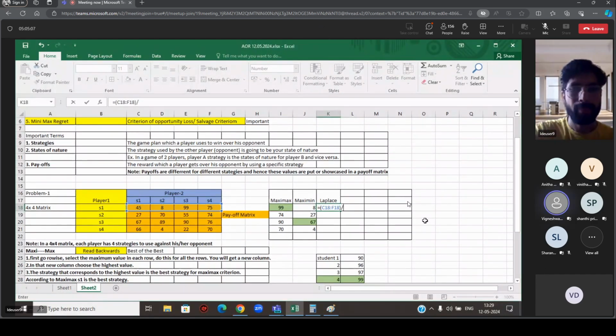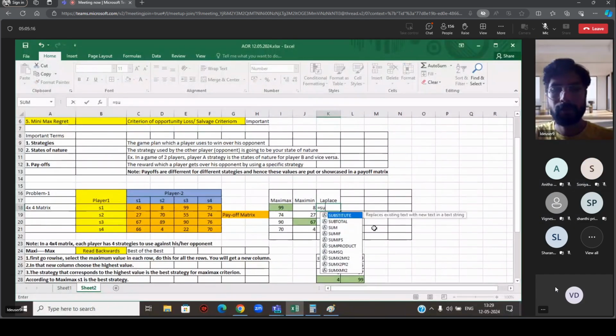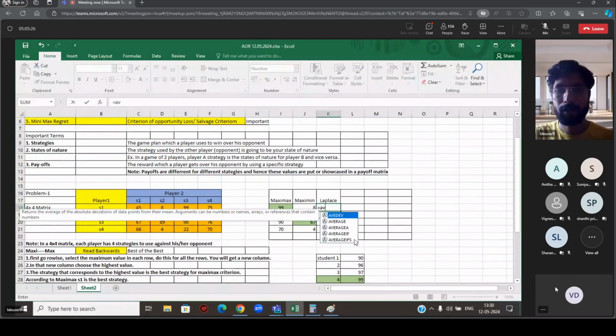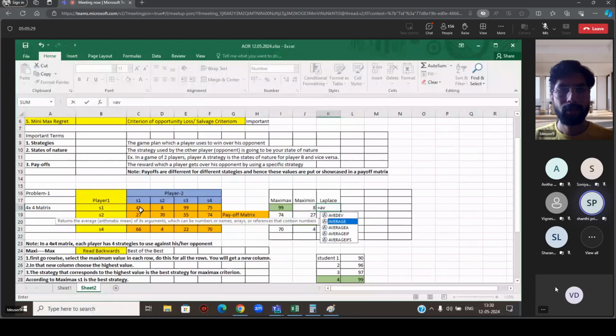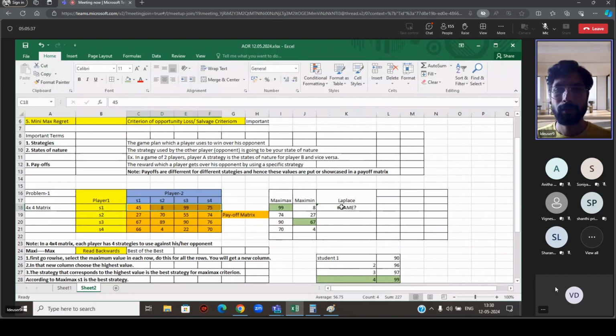So equal to sum. You have to mention sum.